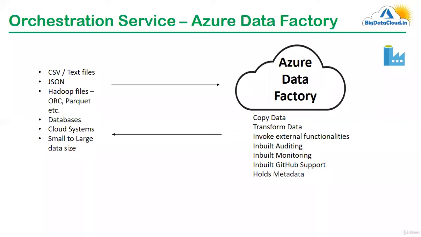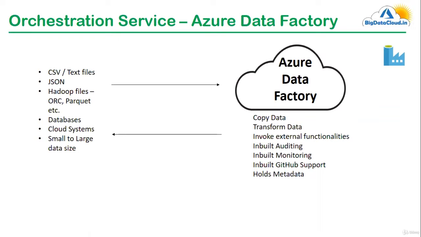On the left side in this slide, you see CSV text file, JSON, and other Hadoop files. So these are the formats I have mentioned. Azure Data Factory supports various data formats. Apart from that, it supports various systems as a source as well as a sink. Sink in the sense of target. So database and cloud system, these are the two I have mentioned here. There are many.